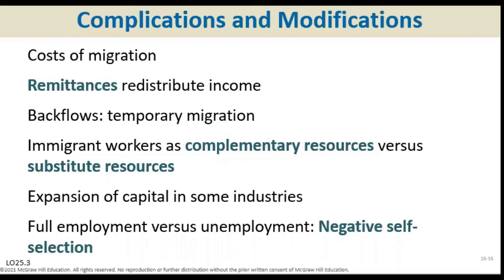So when migration is temporary, or when the immigrants send remittances back home, then this will change the distribution of benefit between countries. And not everyone's wages in the United States will fall because some immigrant workers are a complement rather than a substitute.